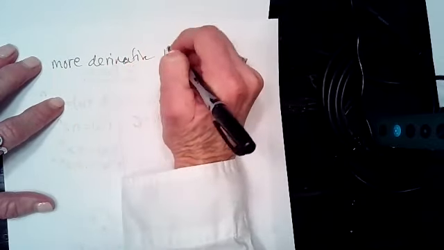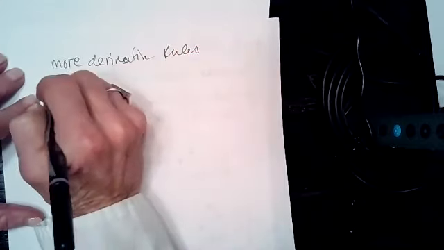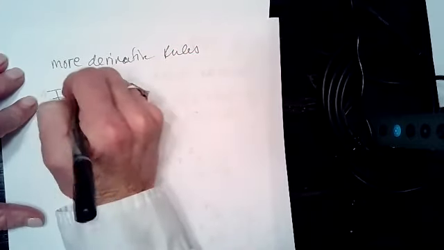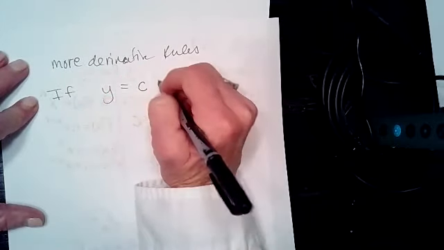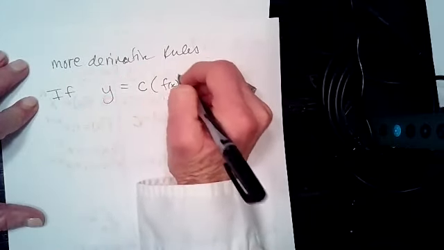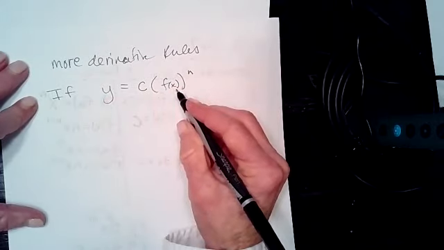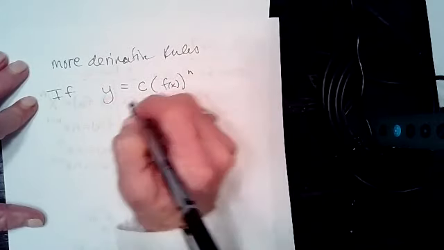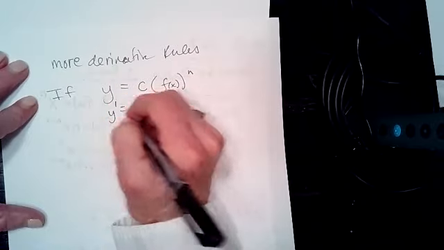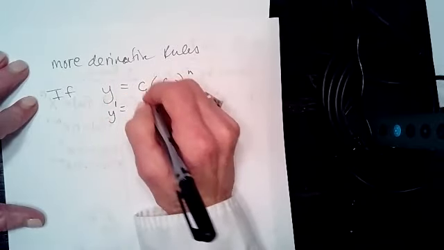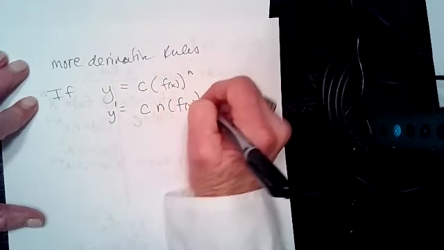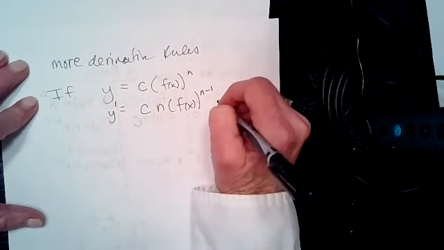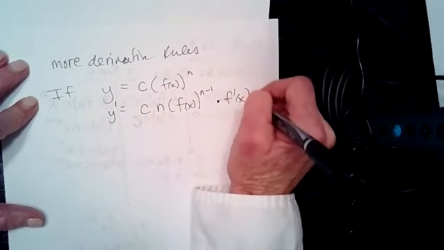Okay, so if y is a constant times a function to a power, if I have a quantity to a power, then y prime is, we bring along the constant term and we multiply down times the inside minus 1, and then we multiply it by the derivative of the inside.